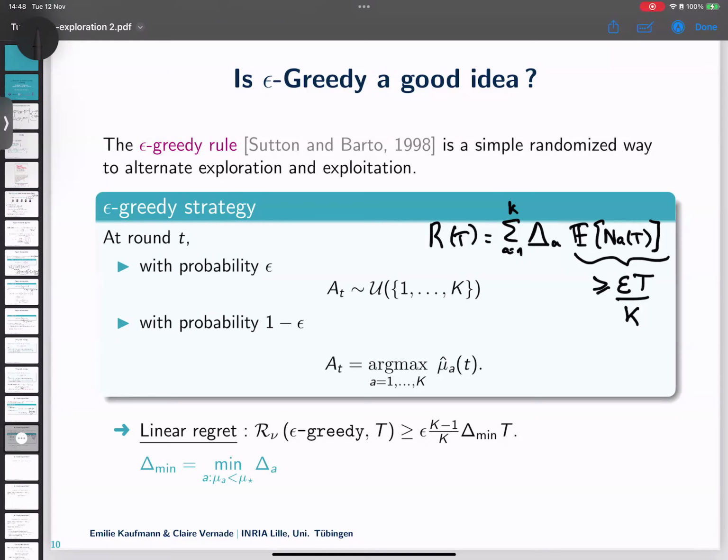This allows me to prove that the regret of epsilon greedy is always bounded below by this linear term, which is epsilon times K minus 1 over K, the probability of pulling a bad arm, times the minimum cost of pulling a bad arm, which is still non-zero because it's a bad arm, times T.